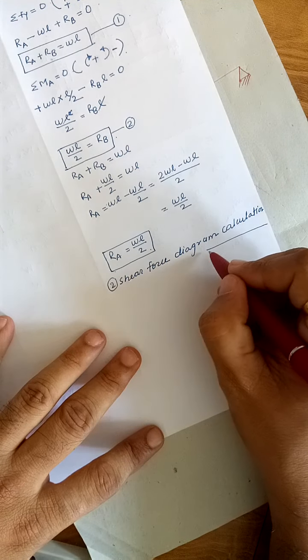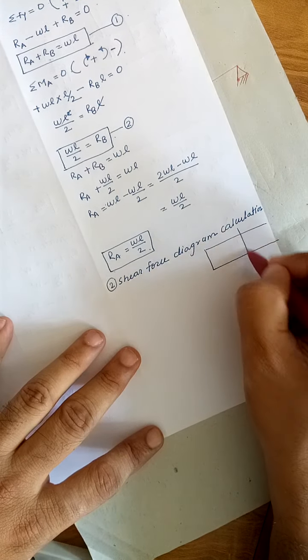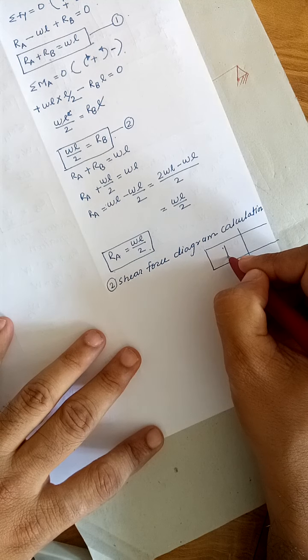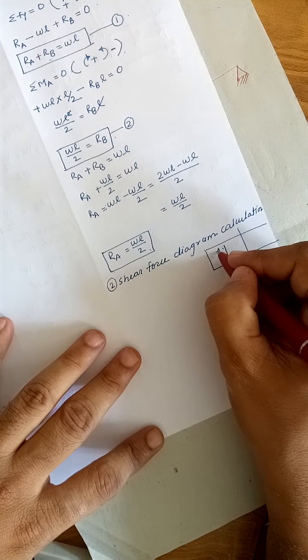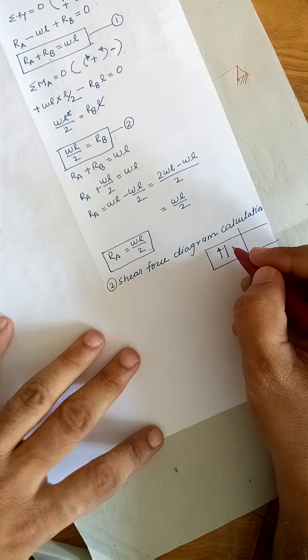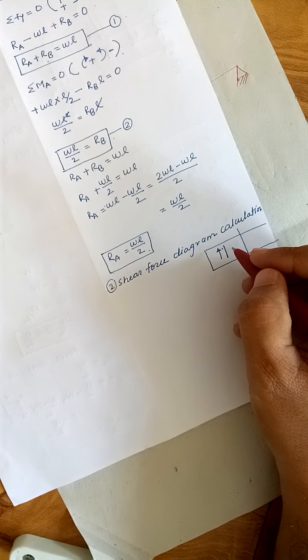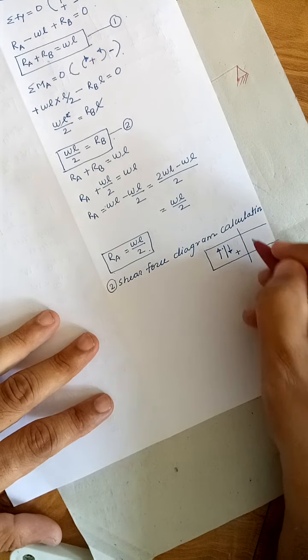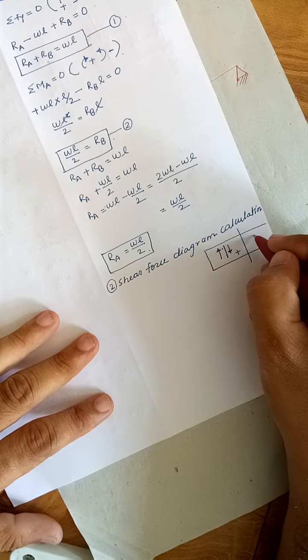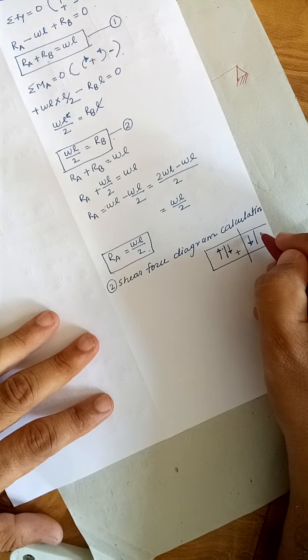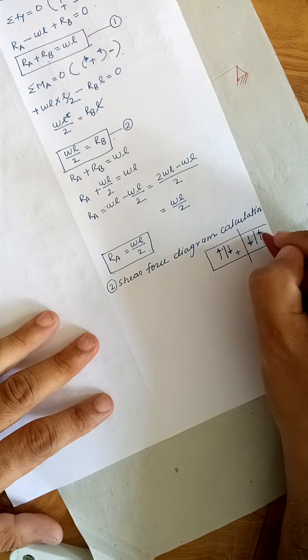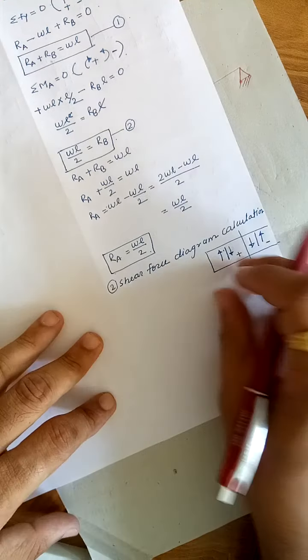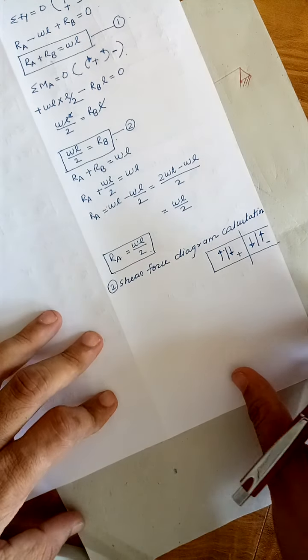Let us draw the sign convention. Suppose this is the section. To the left it is upward, and to the right it is downward, then it will be considered positive, and if it is the other way around, it will be considered negative. So these are the sign conventions basically used.